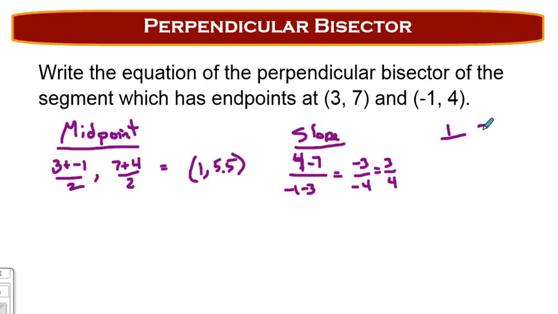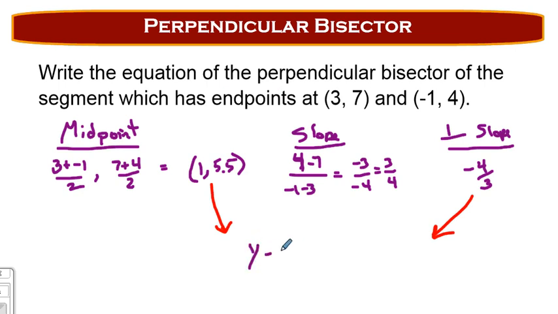Next, I need my perpendicular slope, and that's going to be negative 4/3. And then the last step is I take that point and that slope, and I write my equation: y minus 5.5 equals negative 4/3 times x minus 1. All right, you've had 3 examples, and hopefully you're able to then do the homework on this.